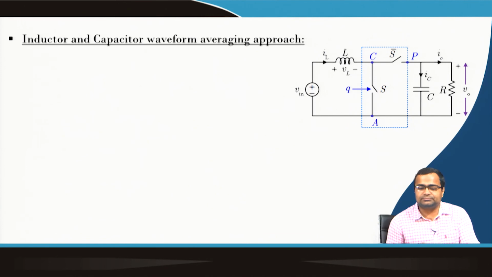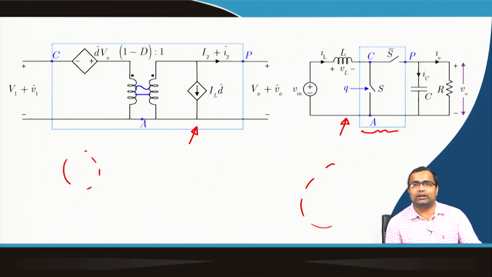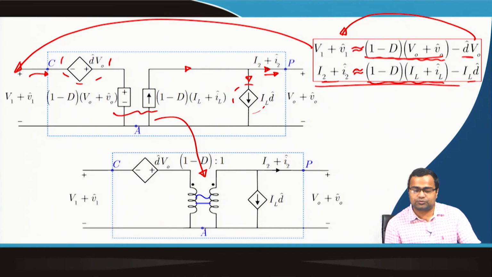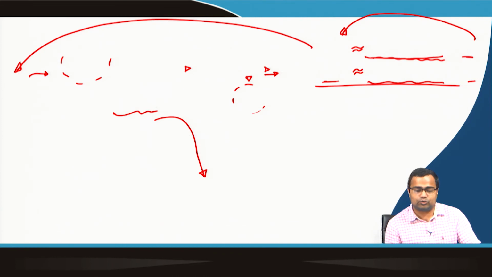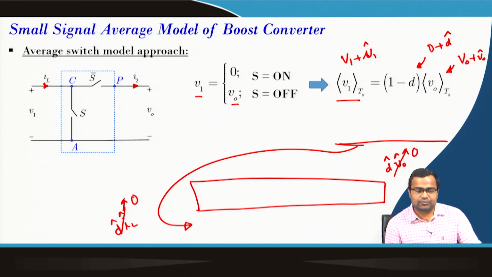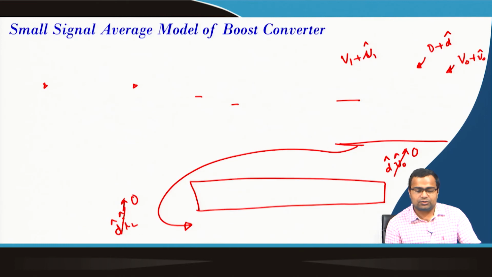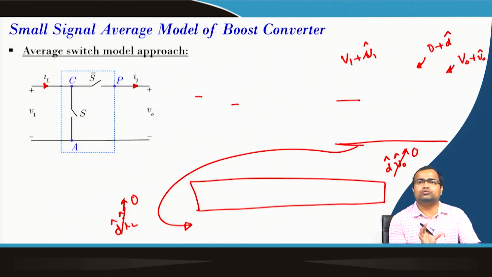In case we repeat this using the circuit averaging technique, that means what we did was the average switch model. In this approach, we started with a boost converter. If you look very carefully, we first extracted the switch part of the boost converter.